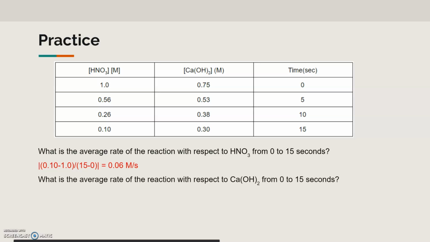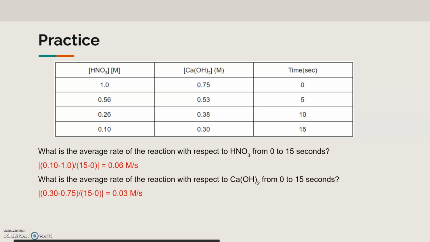Next question. What is the average rate of the reaction with respect to CaOH2 from 0 to 15 seconds? Now we're looking at the other reactant. Placing an initial absolute value sign and an open parenthesis, we will start by placing the ending concentration of CaOH2, which is 0.30, and subtracting the starting concentration of CaOH2, which was 0.75.